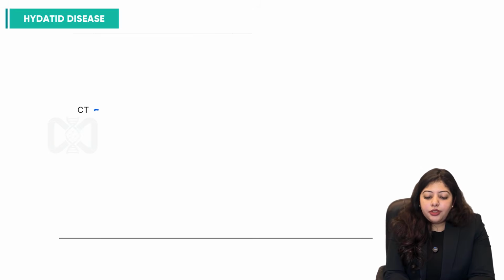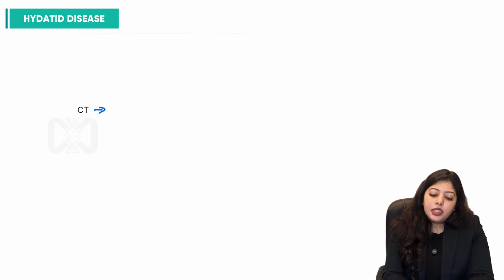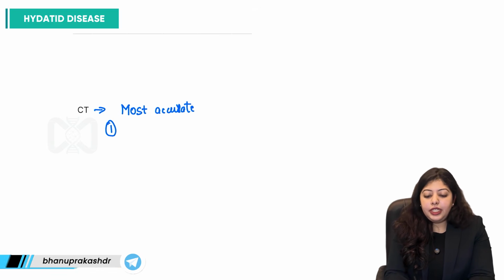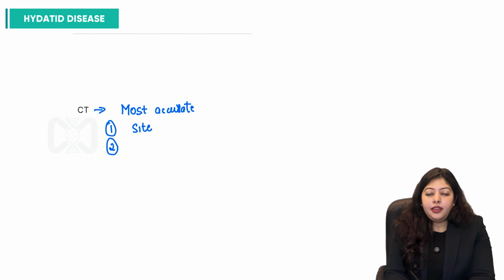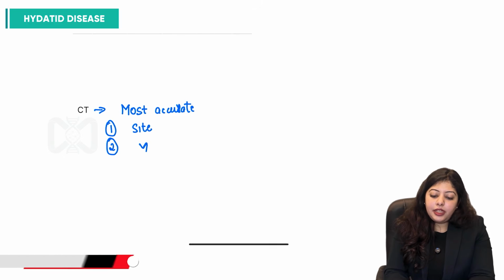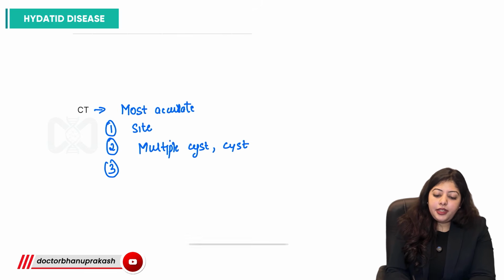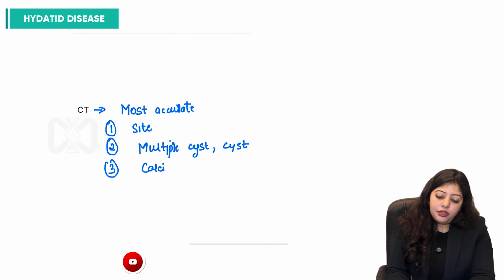Now moving towards the CT scan. CT scan is the most accurate, and it is going to help us detect so many things. Firstly, the exact site, whether it is giving us multiple cysts or a single cyst, whether there are any calcifications occurring.